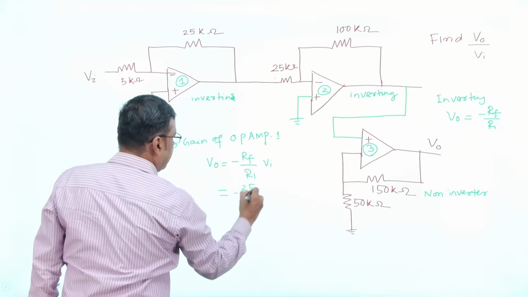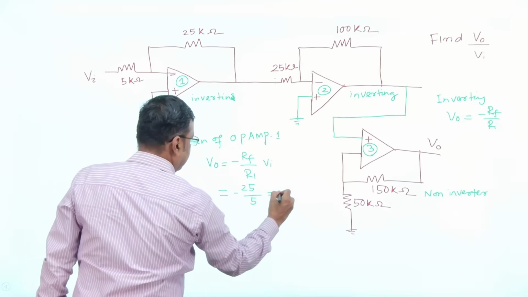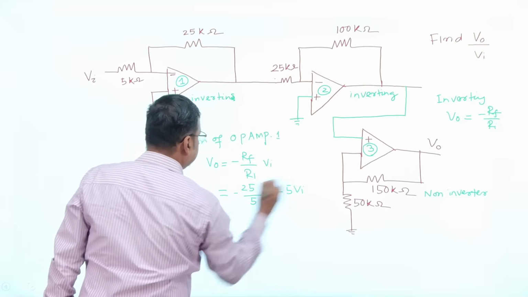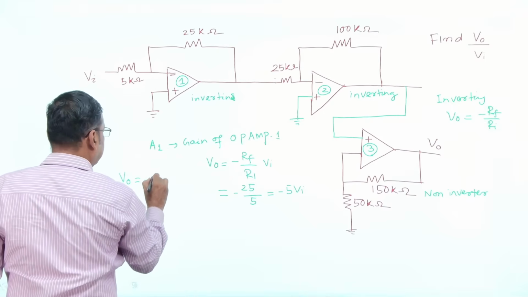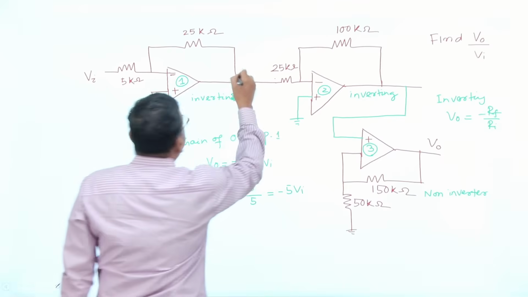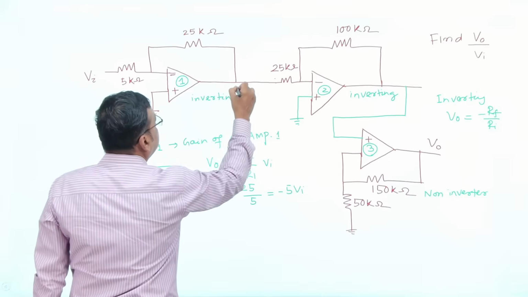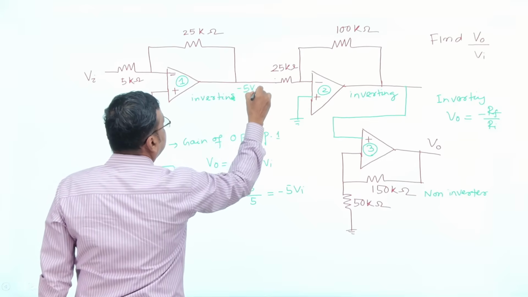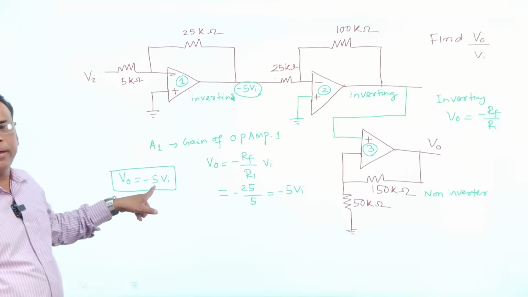Minus 25 kilo ohm divided by R1 is your 5 kilo ohm. Kilo cancel. That is your minus 5 Vi. V0 equal to minus 5 Vi. Op-amp 1. That's why the output of the op-amp 1 equal how much? This is nothing but minus 5 Vi.